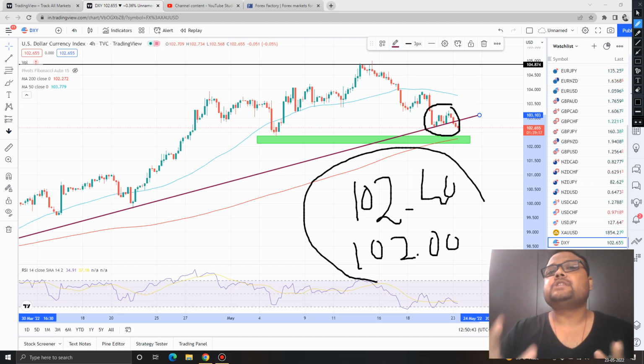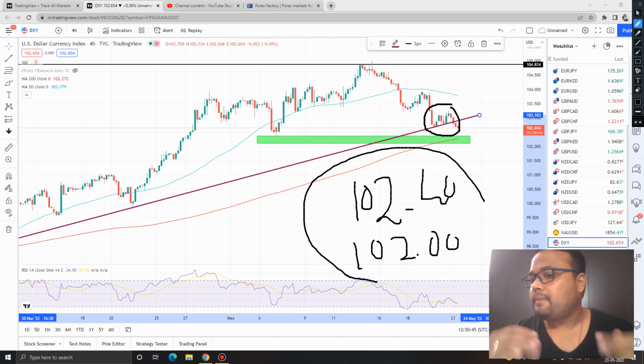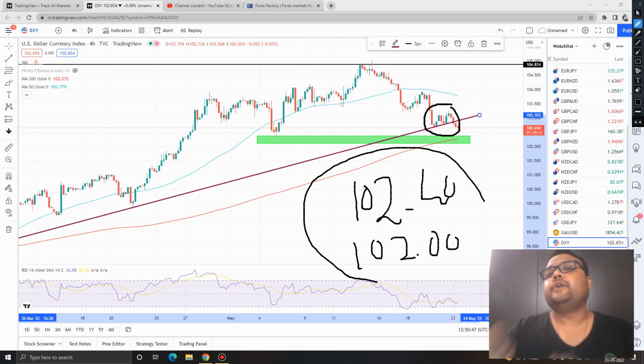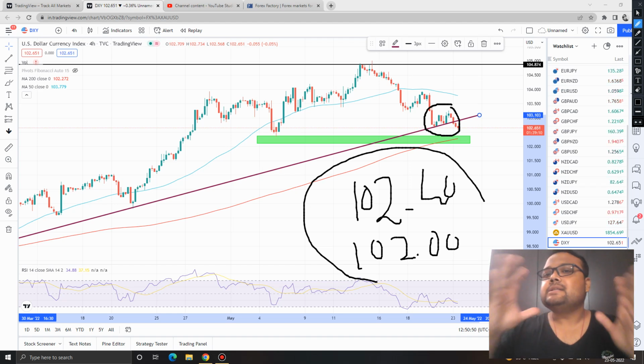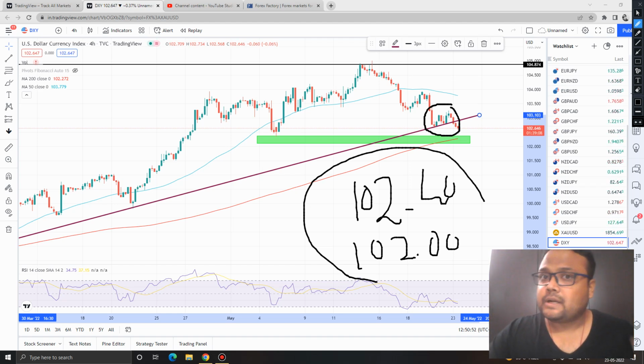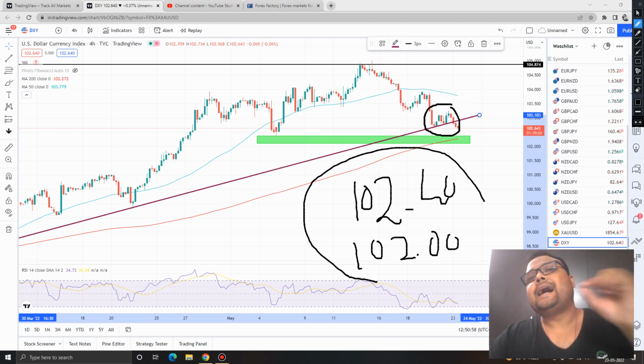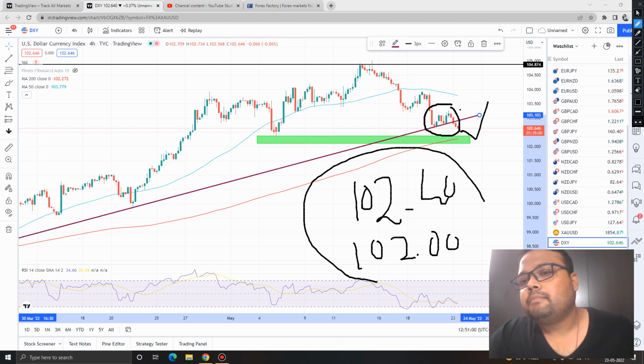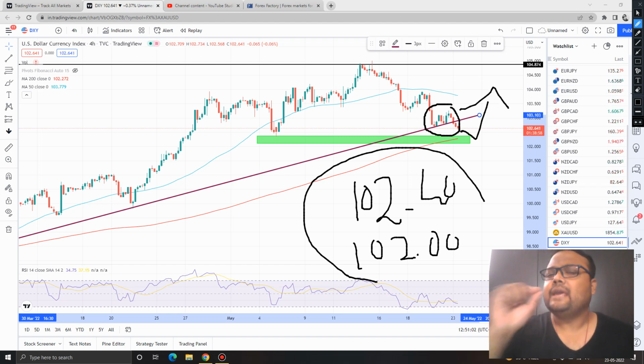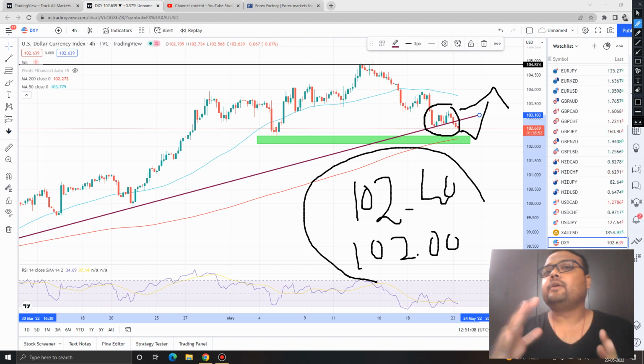But as long as DXY is maintaining its position above the 102.40 to 102 level, we will still consider this as a correction only. As DXY is approaching a very critical support here, there's a high chance of the market bouncing from this level.